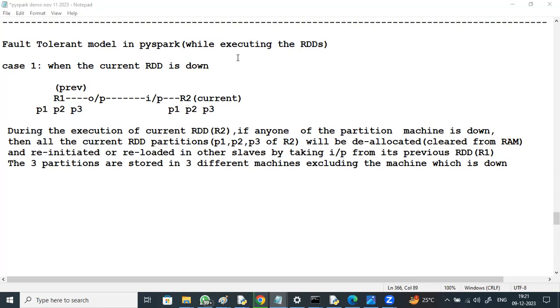But why is it deallocating all the current parts, as here only one machine is down? How can you get P2, if system 1, system 2, system 3, three systems are storing these three partitions, and system 2 is down, that partition data is lost? How can you get that P2 partition data again?